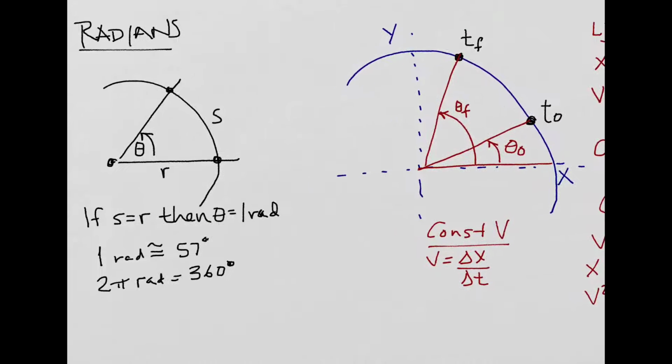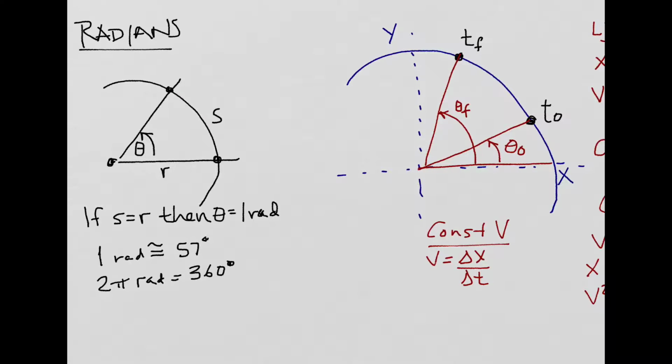Let's do a review of radians. If I have a circle and an initial point here, and I take this arc length called s, that's the distance along the circumference of the circle.